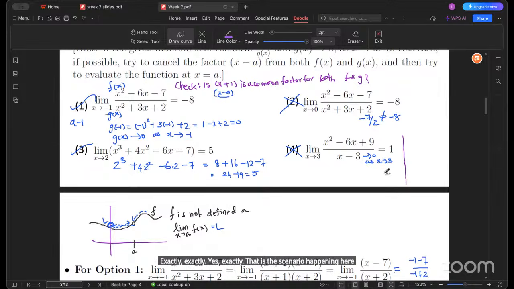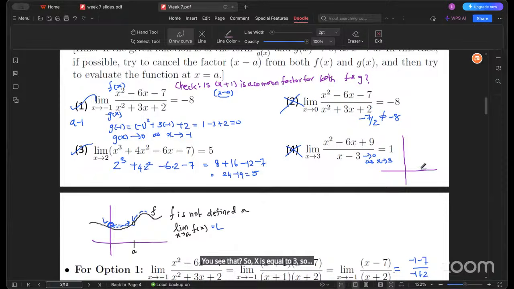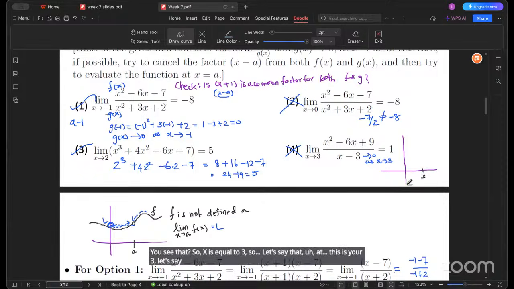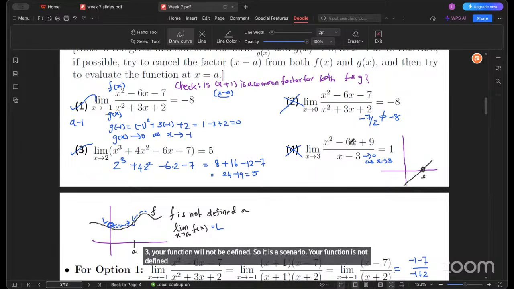So x is equal to 3. Let's say that this is your 3. Somewhere below also here it will meet at 3. So the line is something like this. But at 3, your function will not be defined. Your function is not defined at x is equal to 3, but still the limit exists in this case.